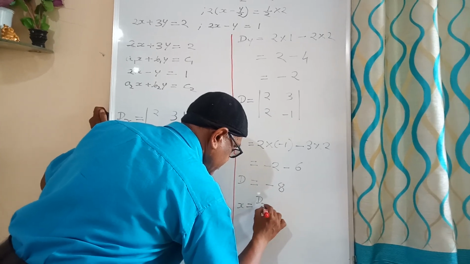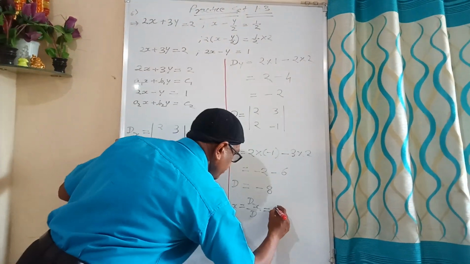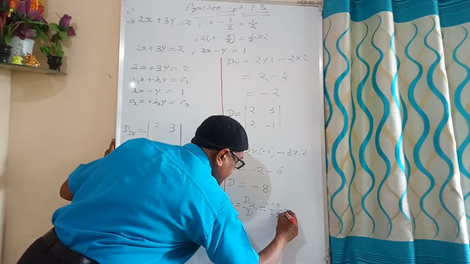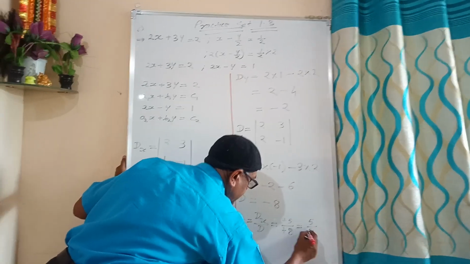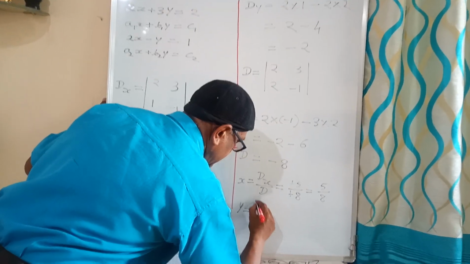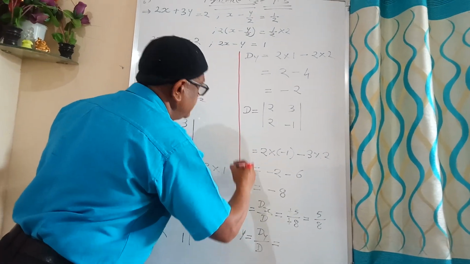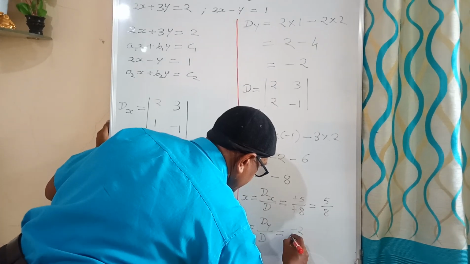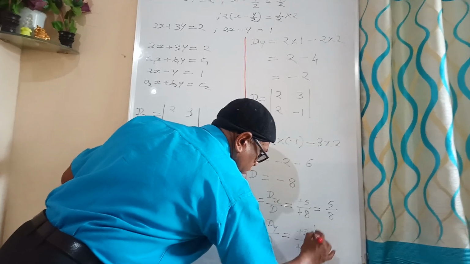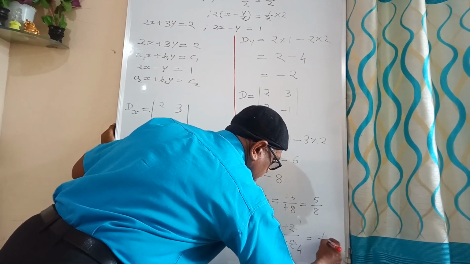Now x is equal to Dx upon D. Dx is minus 5, D is minus 8, minus minus signs get cancelled, that is 5 upon 8. y is equal to Dy upon D, Dy is minus 2 upon minus 8, minus minus signs get cancelled, 2 ones are 2, 2 fours are 8, which is equal to 1 upon 4.